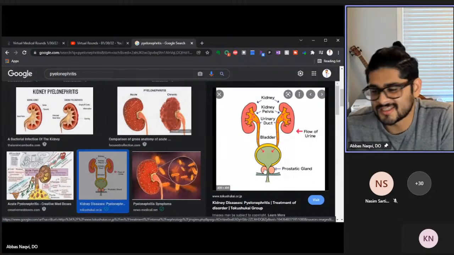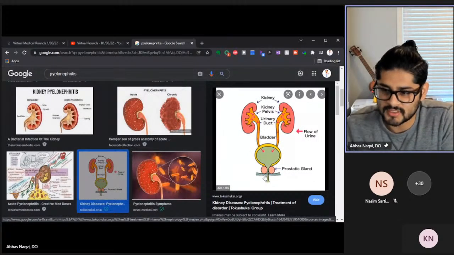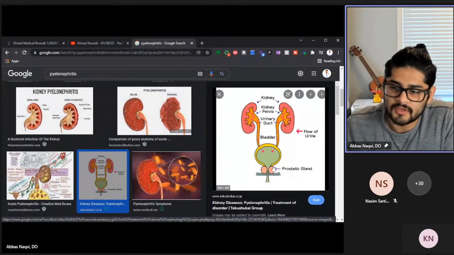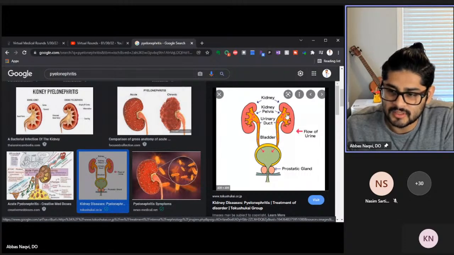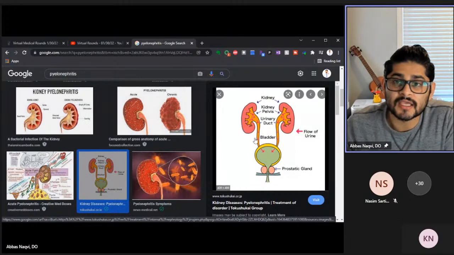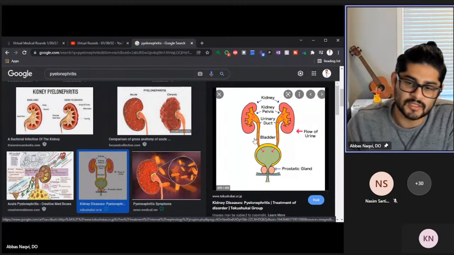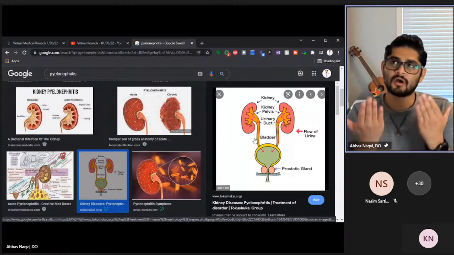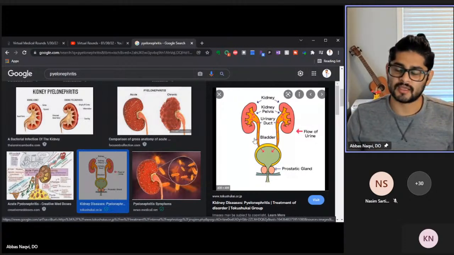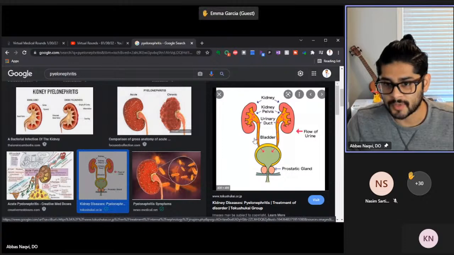So this isn't a male because females don't have prostates, but if you have an infection here in the bladder, it can ascend up the ureters and into the kidneys, right? You can have an infection of the kidneys themselves, and that can cause pain in the abdomen. It can cause pain in the back because the kidneys are considered retroperitoneal.